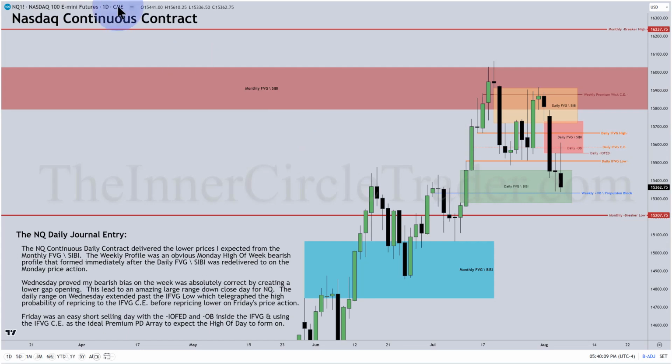Now we're on the daily chart, and again, it's the same symbol, NASDAQ #1 exclamation, which is the NASDAQ continuous contract. For those that have been wondering what this means, the continuous contract means that whenever the front month or the nearby contract is traded, when it expires, this chart will use the data from the next nearby contract, and it will become the front month.